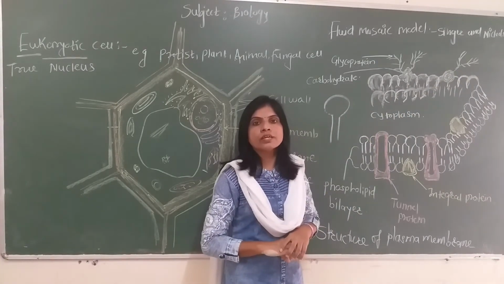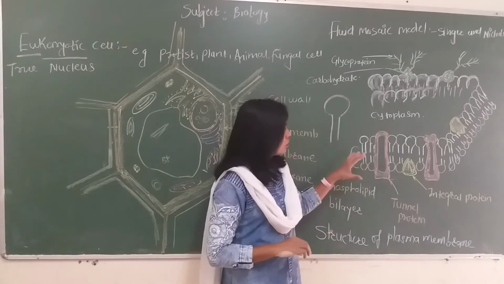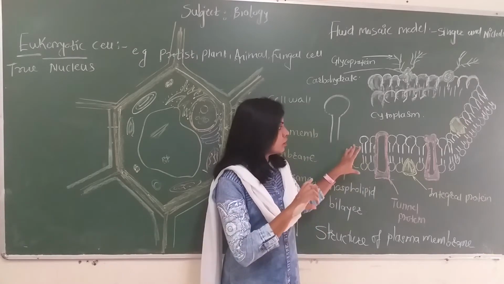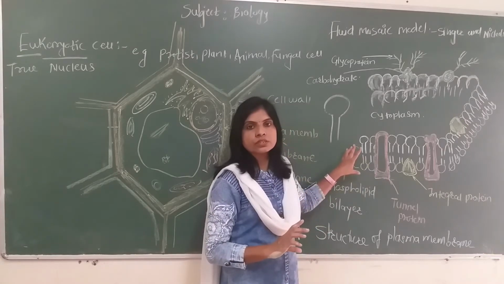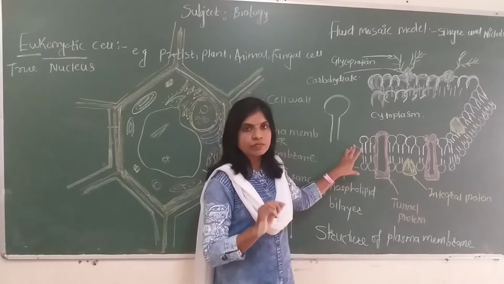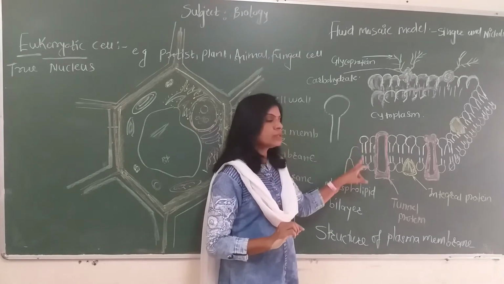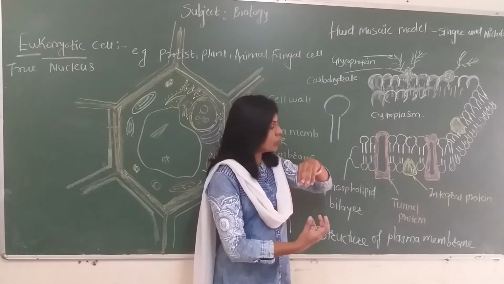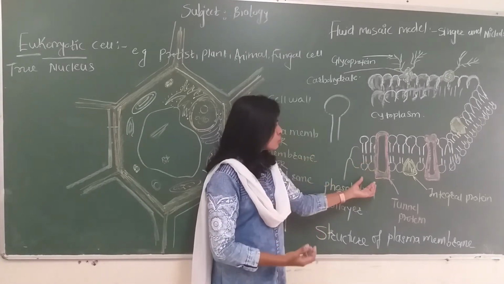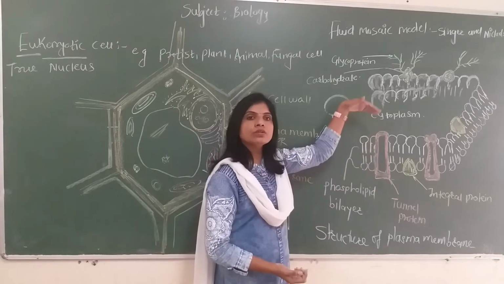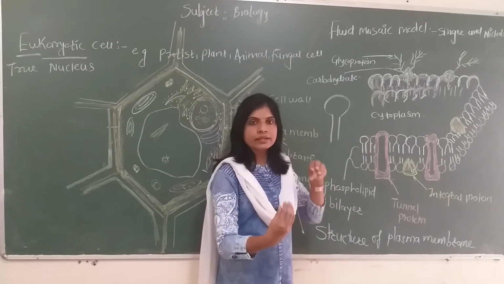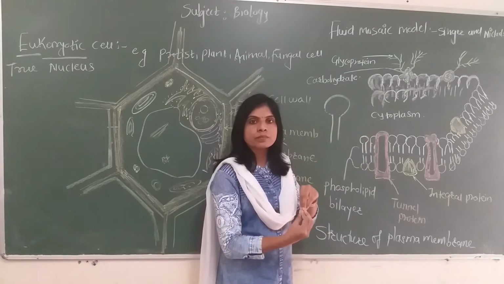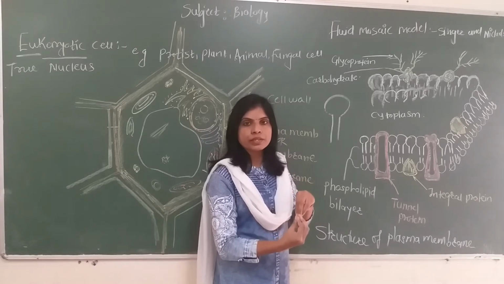So when we focus on the fluid mosaic model structure of the plasma membrane, we observe that the heads of the lipid molecules are oppositely directed. One is directed outside the membrane, another towards the cytoplasm, and their tails coincide with each other and maintain the fluidity of the membrane.